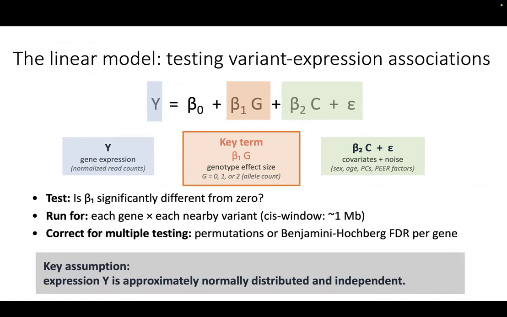First, expression Y is approximately normally distributed. This can be satisfied after log normalizing or inverse normalizing bulk RNA-seq data. Second, observations are independent, meaning each individual contributes 1 data point and there is no correlation between samples.